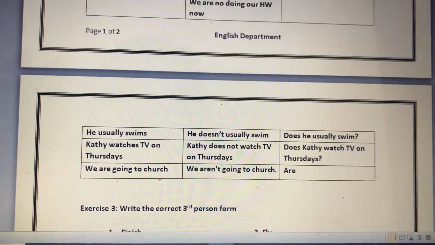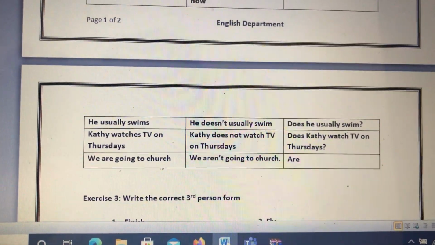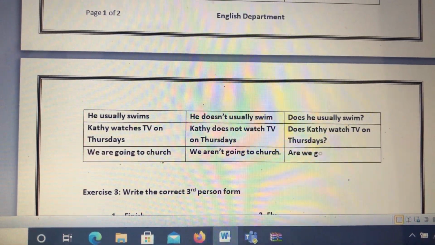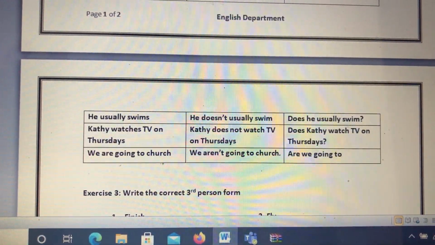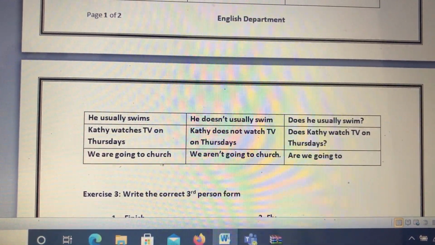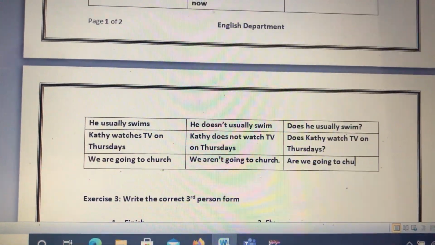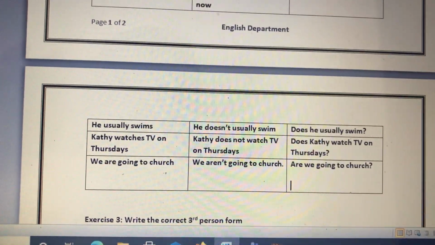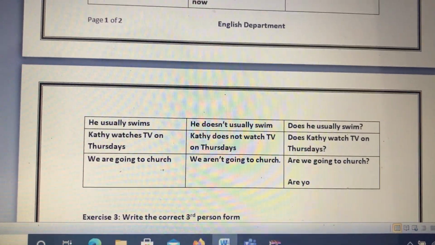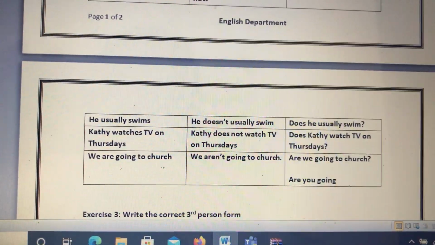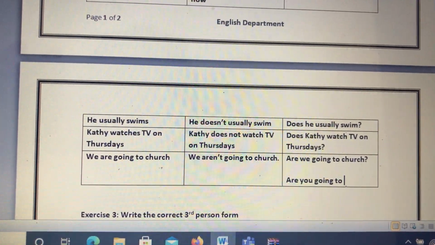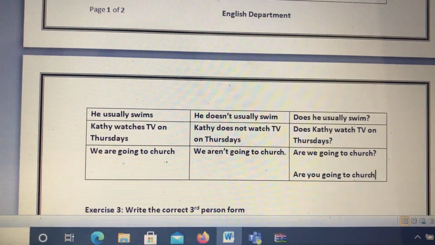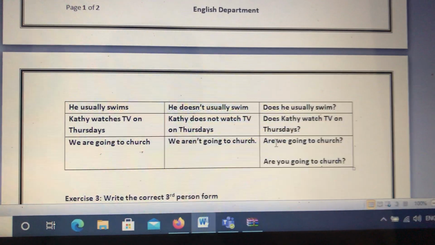We have more than one answer in here. Are we going to church? Or are you going to church? To church, and a question mark.